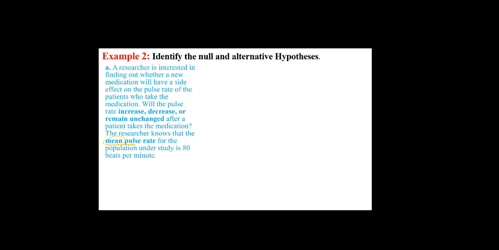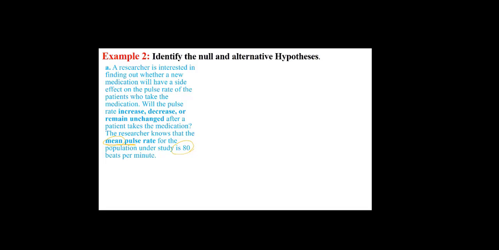Because sample statistics, we can just come up with a sample and come up with the sample statistics. It is the population parameter that we are looking for, which most of the time we don't have access to. It is always about mu. So therefore, you have H0 and H1 involving mu. The mean for the population under study is 80 beats per minute. So that means mu must be 80. That is your H0.